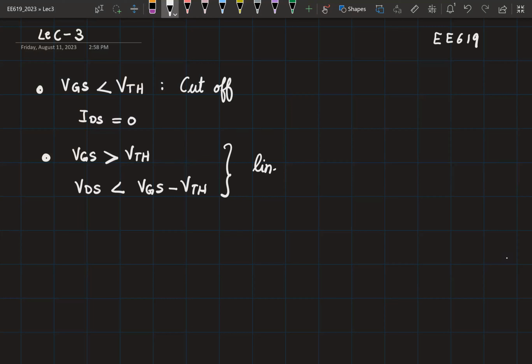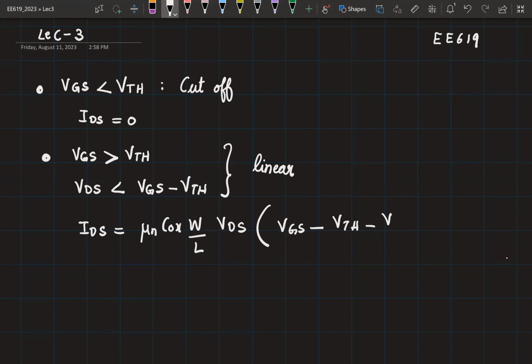This is the linear or triode region. The current equation is then given by mu n COX W by L into VDS into (VGS minus VTH minus VDS by 2).